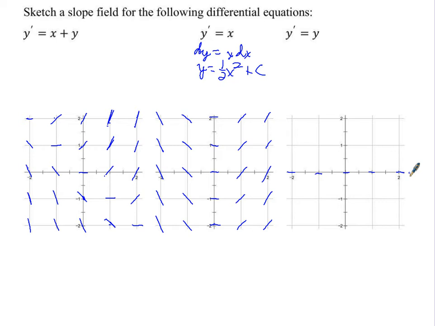If we go up to 1, we get a slope of 1. So slope of 1, and that's for every y-coordinate. Up to 2, positive 2. Down to -1, a slope of -1. Down to -2, a slope of -2.